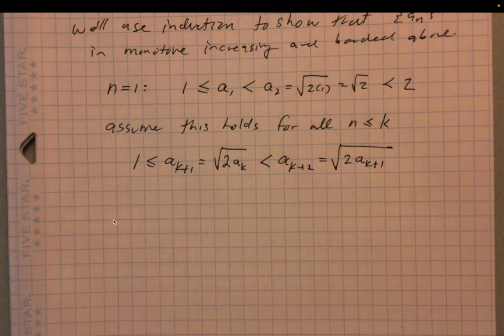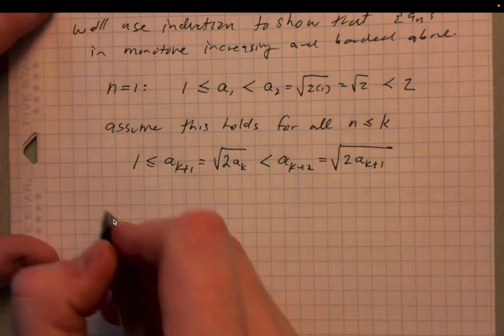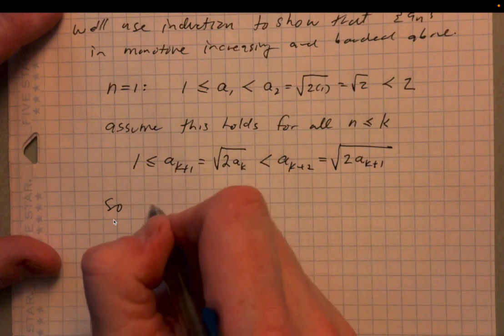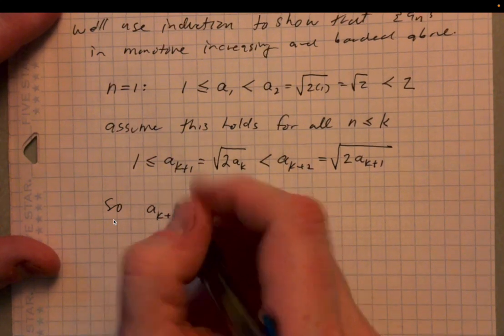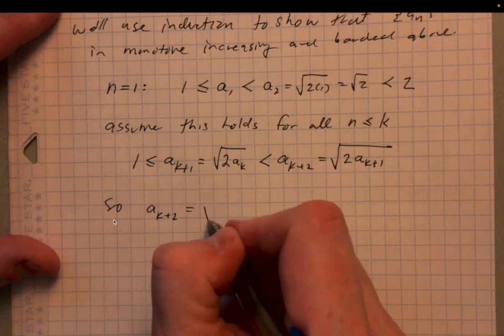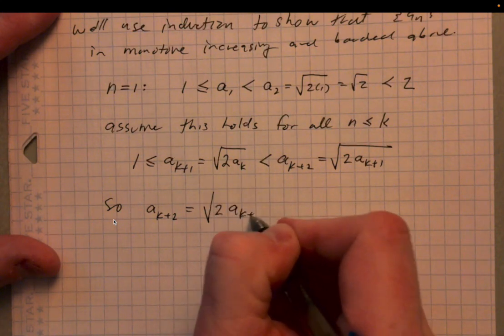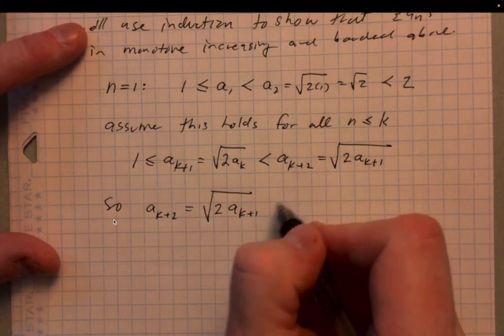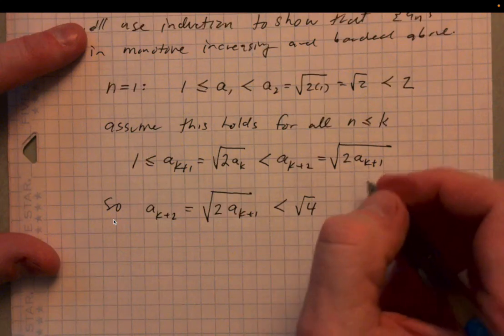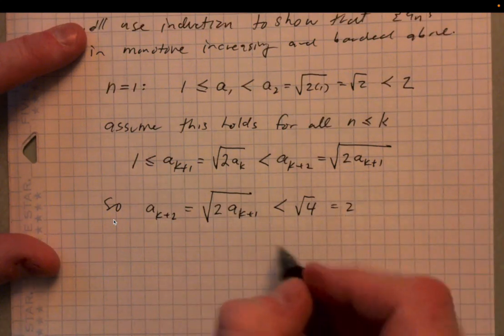Right, and so a sub k plus 2 is equal to the square root of 2 times a sub k plus 1, which will be less than the square root of 4, which is equal to 2. Now, why is this? Where does this come from?